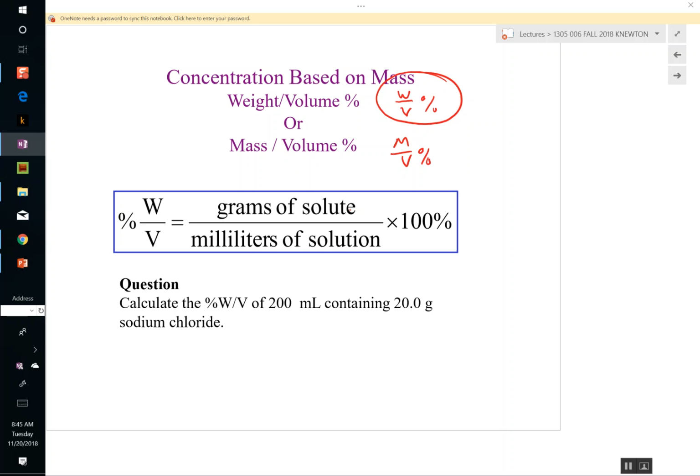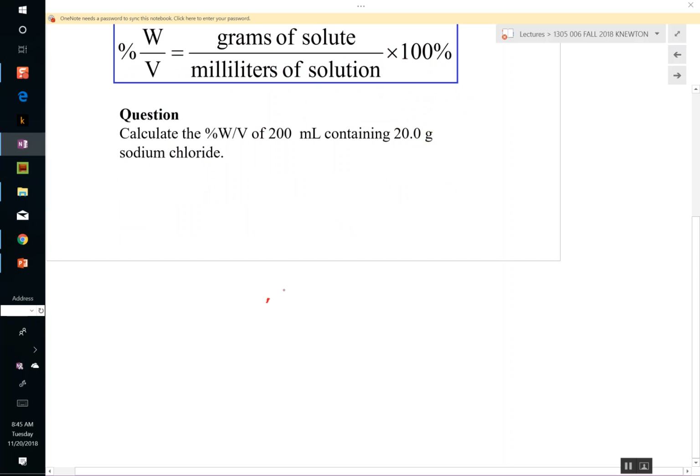No, 0.009 grams. Yeah, okay, 0.9. Let's see if that's right. 0.009 grams of saline per milliliter of solution times 100%.